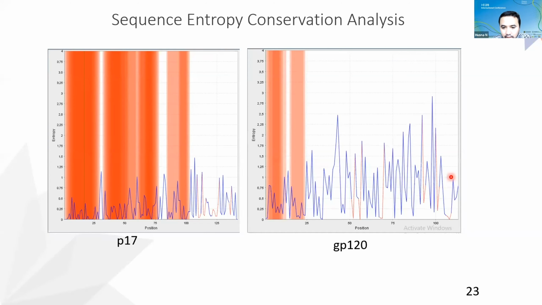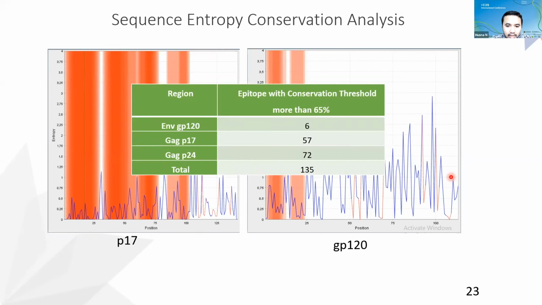Then we also tried another protein, GP120. As you can see, in the comparison between P17 and GP120, in GP120 we cannot move too far to predict the epitope because the entropy, due to mutations in those regions, is quite high.